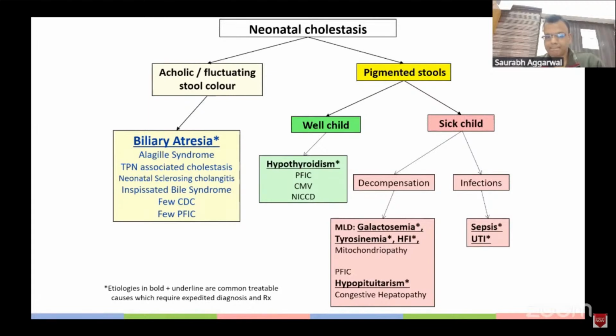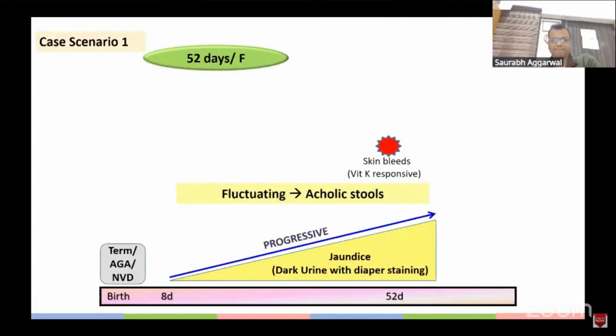If the child is sick, then the child probably has some form of infection like sepsis and UTI, or the liver is decompensating due to metabolic liver diseases like galactosemia, tyrosinemia, HFI, mitochondriopathies, PFIC, and hypopituitarism.